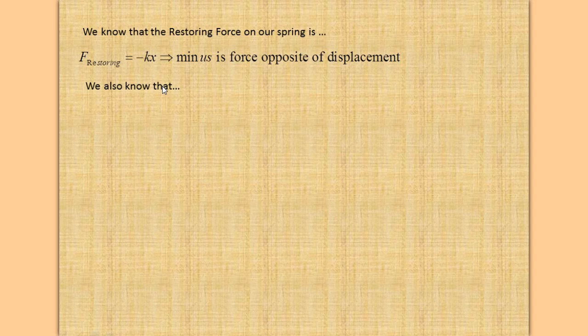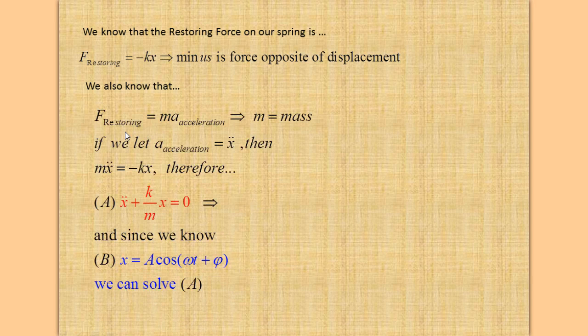So we know the restoring force. We also know that restoring force is equal to mass times acceleration. If we let acceleration equal x double dot, we're just changing the symbol, then mass times x double dot, which is acceleration, the second derivative of x, is equal to minus k times x. Therefore, m x double dot plus k x equals 0.